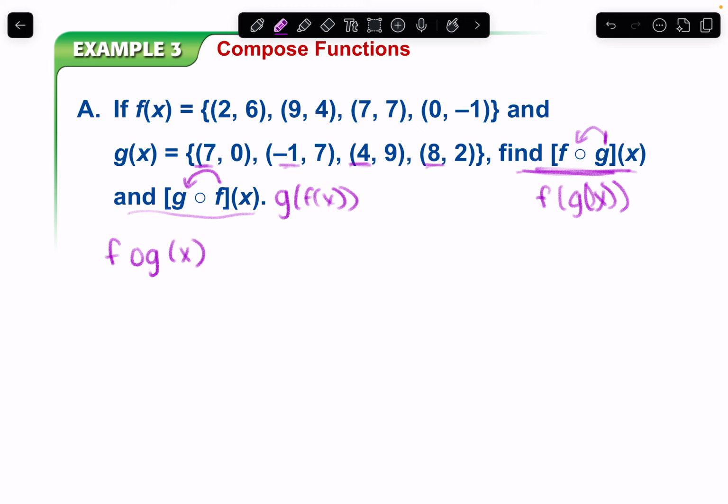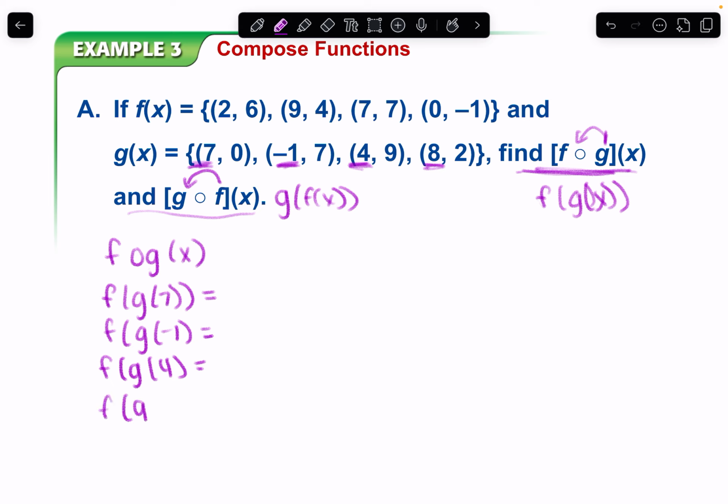So what that looks like, and to write some of this out first. All I am doing right this second is I'm taking my x values from my g function and plugging them in, and then I will explain how we are going to solve this.